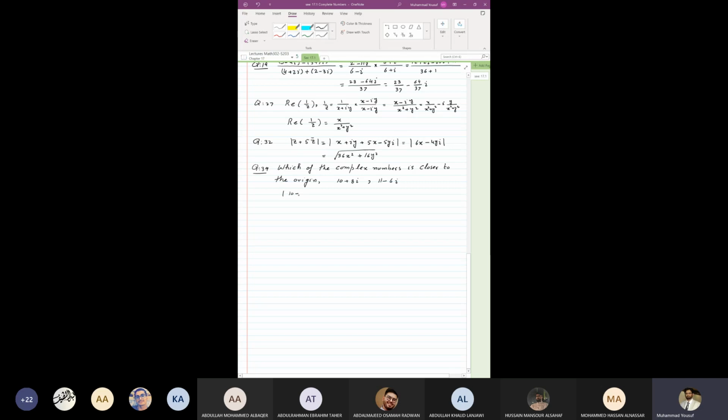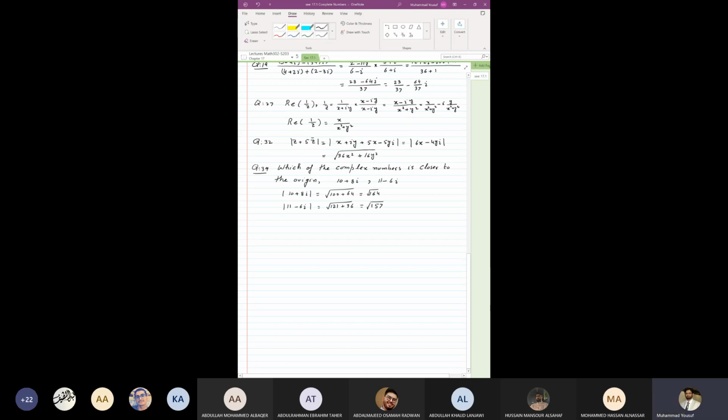So for 10 plus 8i, we take the absolute value: 100 plus 64, which is the square root of 164. And for 11 minus 6i, it is 121 plus 36, which is equal to 157.